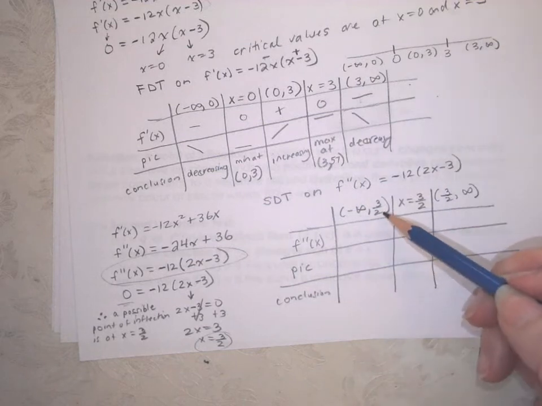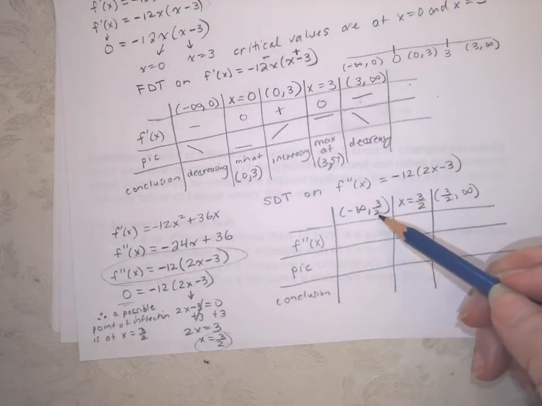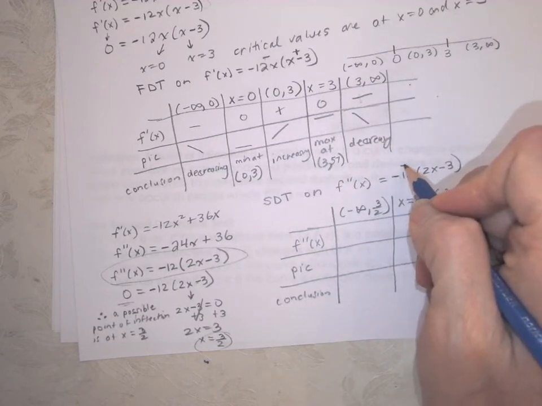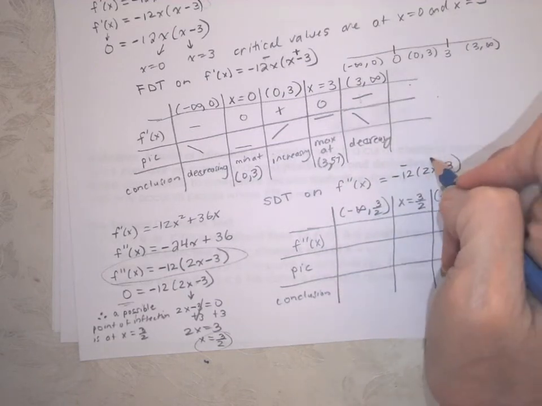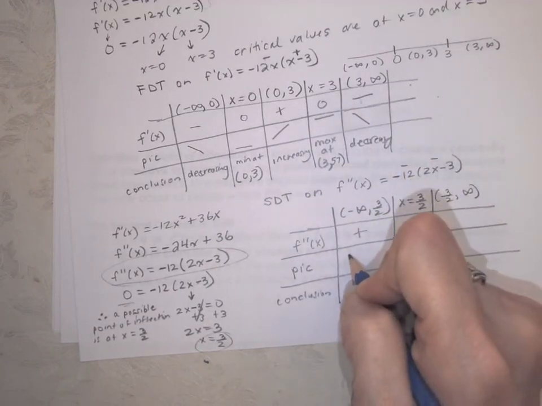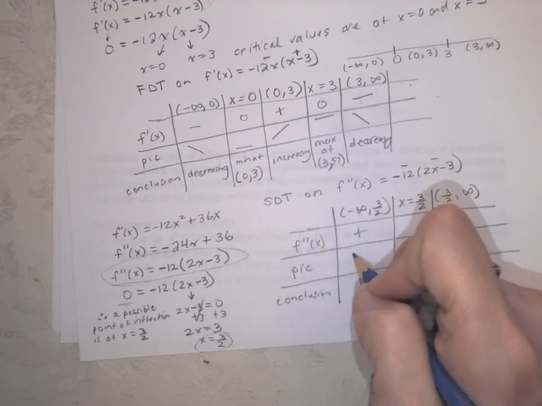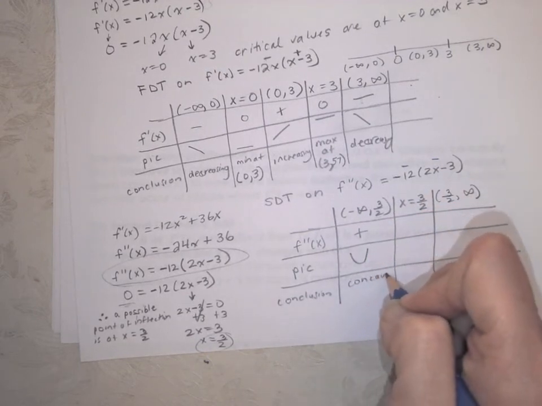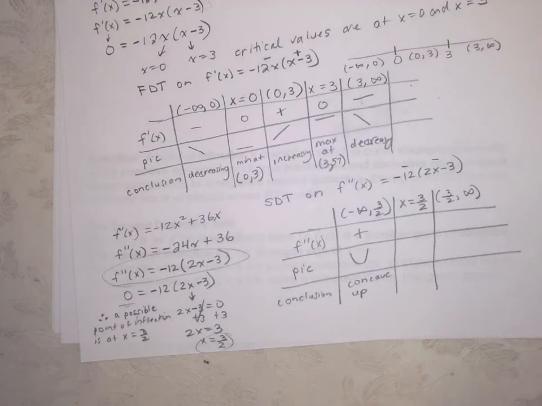So between negative infinity and 3 over 2, I could choose 0, which fits in there. That's going to make negative 12 always negative. This is also going to be negative, and this negative times negative is a positive. So my picture now is a positive second derivative means concave up. So our conclusion is I'd be concave up over this interval, which is really helpful when you're sketching your picture.